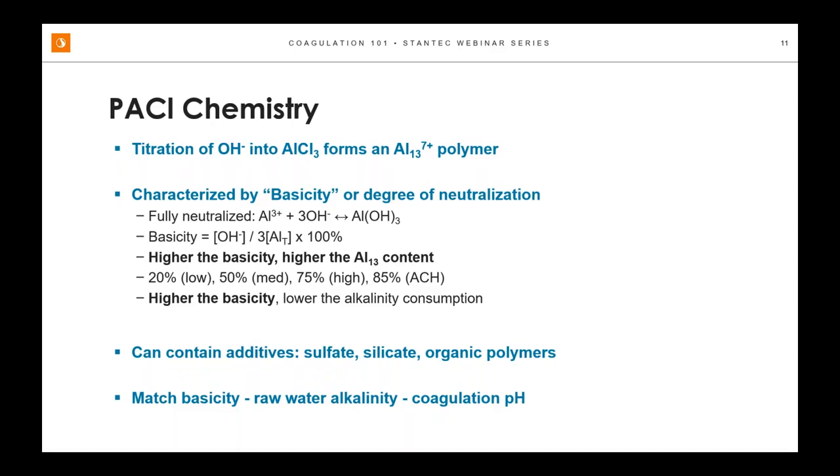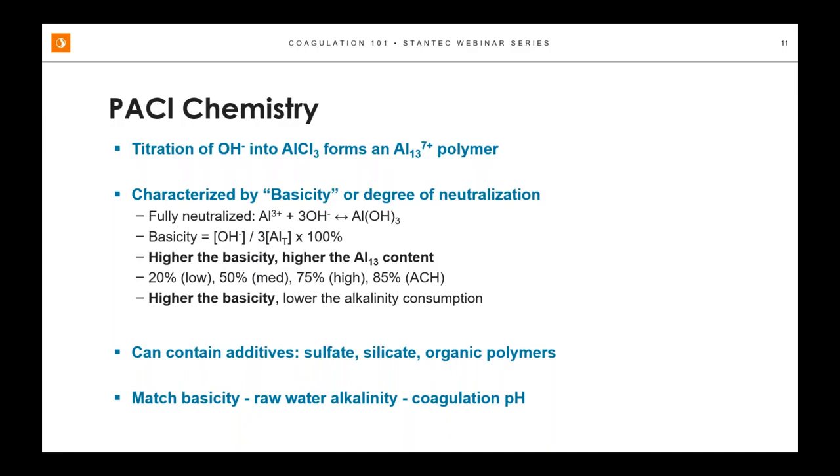So if you're, say, on the East Coast of North America and you have a low alkalinity water, but a fair bit of organics, and you needed, say, 30 milligrams per liter of alum, for example, that would consume an awful lot of alkalinity. You may end up in a situation where if you took your raw water and added that much alum, you'd consume all the alkalinity and your pH would drop to 4 and no flock would form.